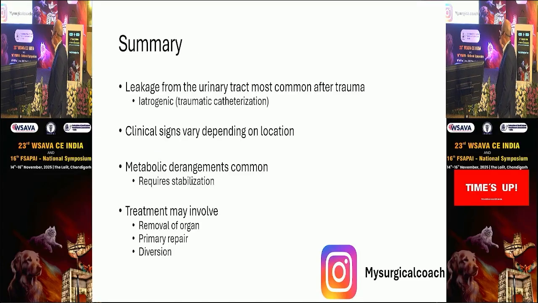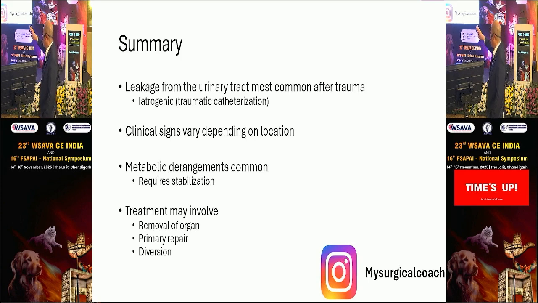So in summary, leakage from the urinary tract is most common after trauma, or potentially after trauma from us, particularly traumatic catheterization. Clinical signs of urinary tract leakage vary depending on the location. Metabolic derangements are very common, so you need to recognize that and stabilize your patient.